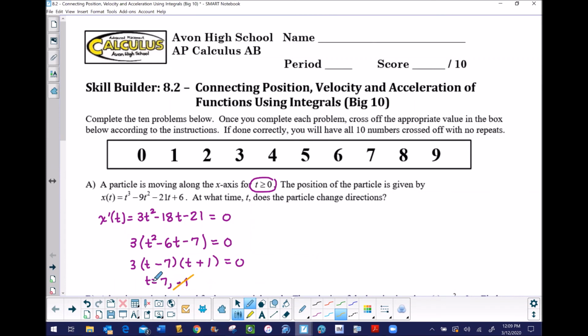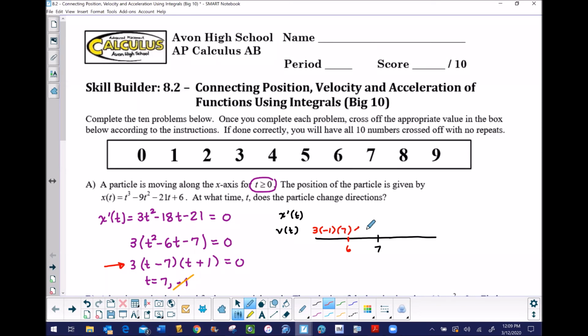Now, I don't like saying that 7 has to be our answer, and it is, without verifying that we do change signs. But it takes like 2 seconds to throw 7 on a number line and ask, what is the velocity, which is the derivative of position, at various points around 7? So let's check 6 and plug 6 into the factored version of the derivative, and we get 3 times negative 1 times 7.